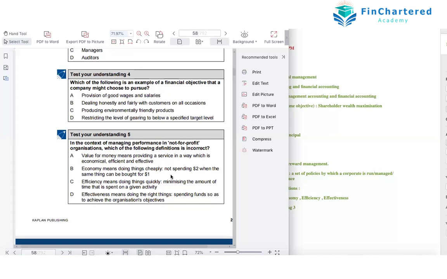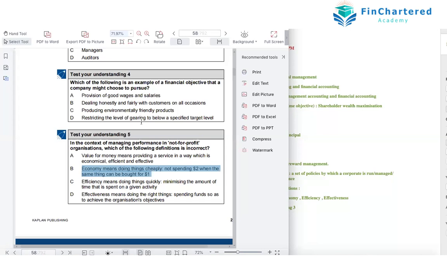Economy means doing things cheaply, not spending $2 when the same thing can be bought for $1. Efficiency means doing things quickly, minimizing the amount of time that is spent on a given activity. Effective means doing the right things, spending funds so as to achieve the organization's objectives.